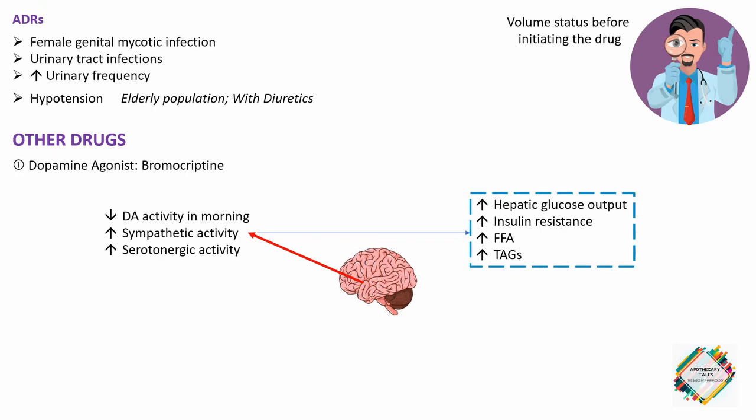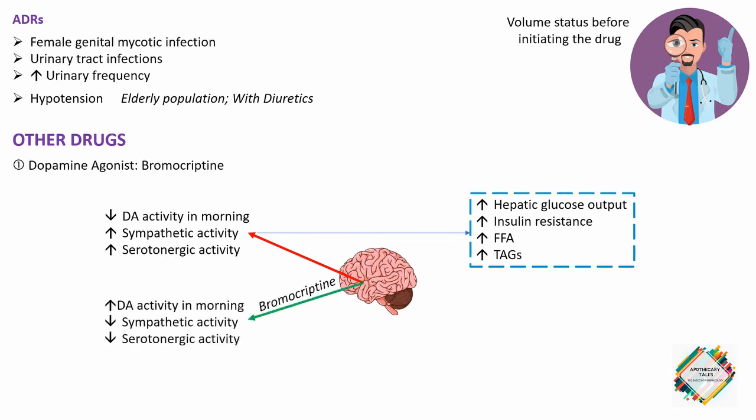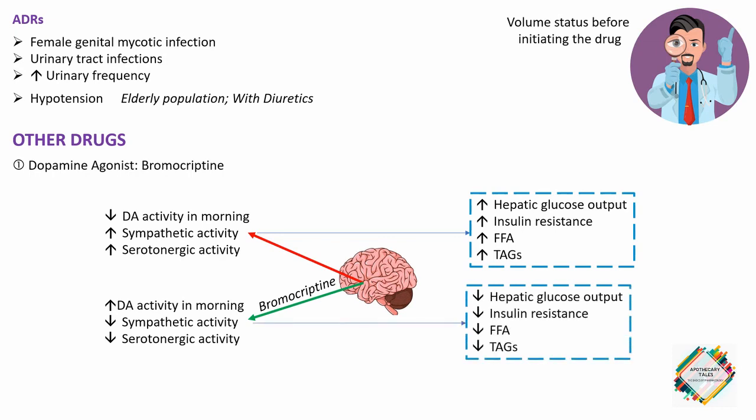Now what happens when we administer bromocriptine to these patients? This will reverse all these functions. That is, it increases the dopamine activity in the morning, and decreases sympathetic activity as well as the serotonergic activity. As a result, it reduces the hepatic glucose output, the insulin resistance, the free fatty acids as well as the TAG levels.